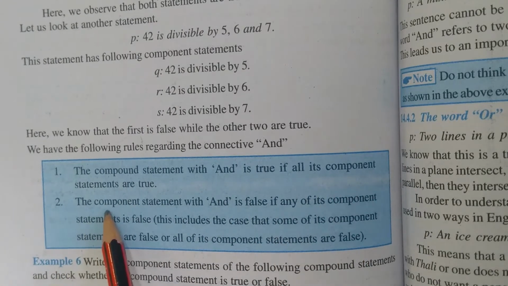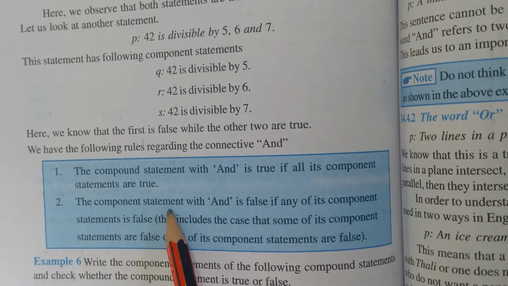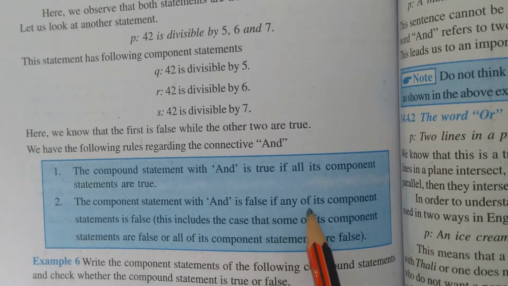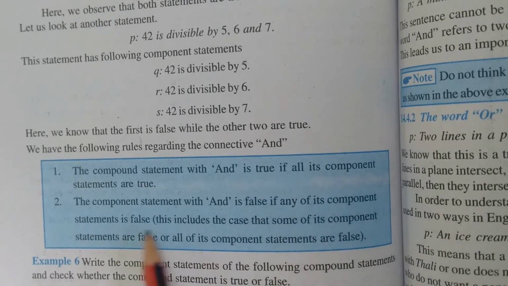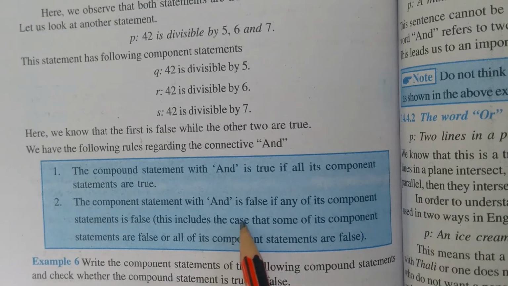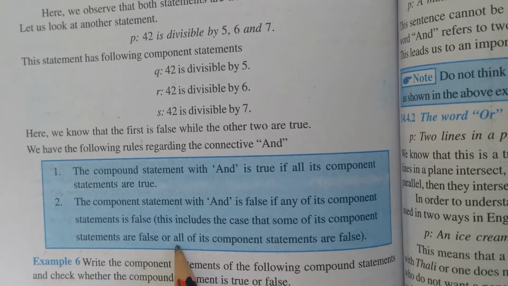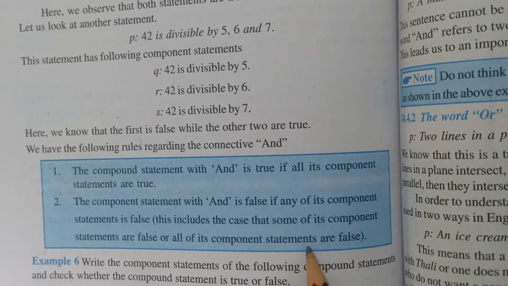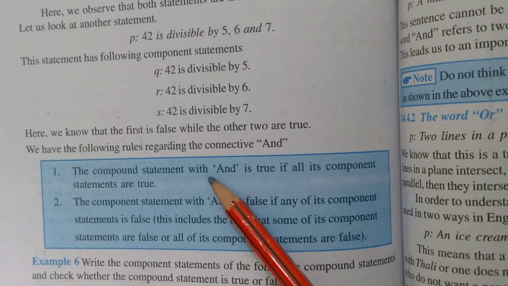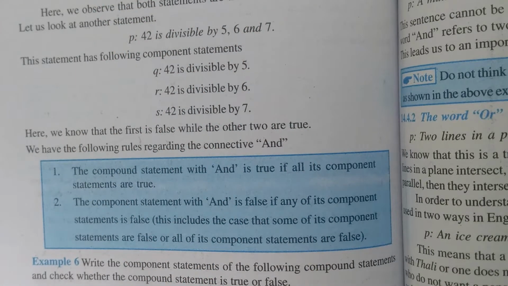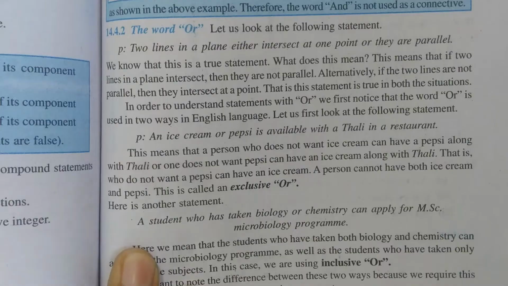Second, the compound statement with "and" is false if any of its component statements is false. This includes the case that some of its component statements are false and the case that all of them are false. So this way now we can say whether the compound statement is true or false.